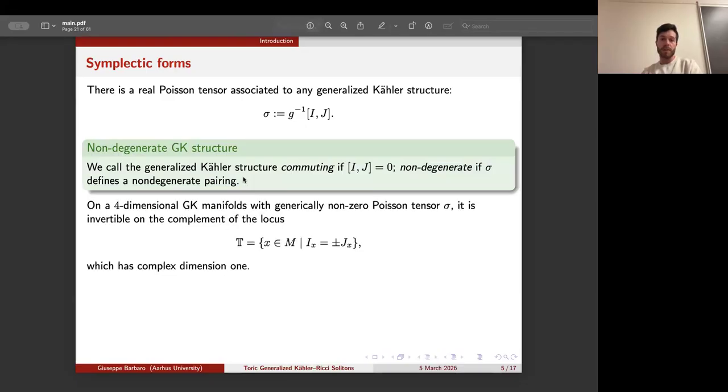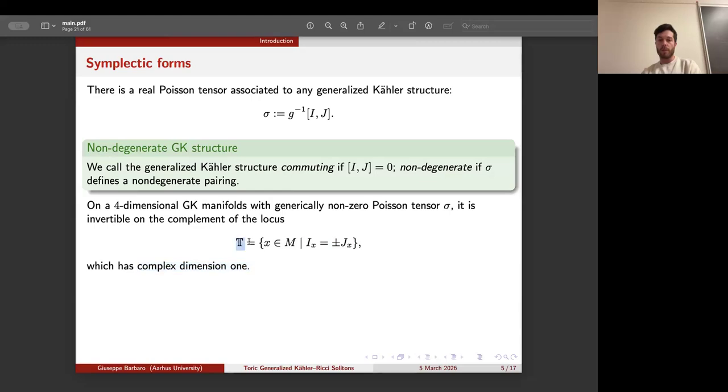Now the point is that four-dimensional is special, and the Poisson tensor is non-degenerate apart from this locus here. The only points where this Poisson tensor might be degenerate is the locus where I is equal to plus or minus J. And the point is that this has complex dimension 1.